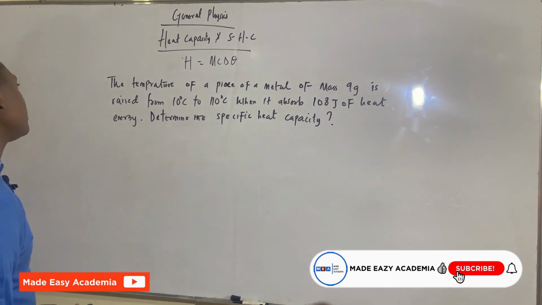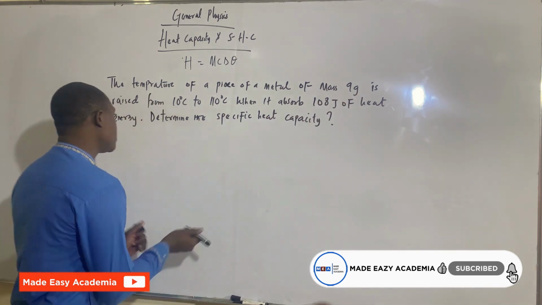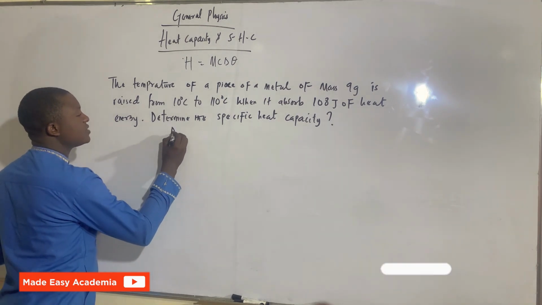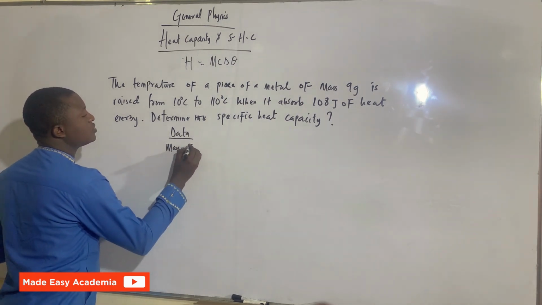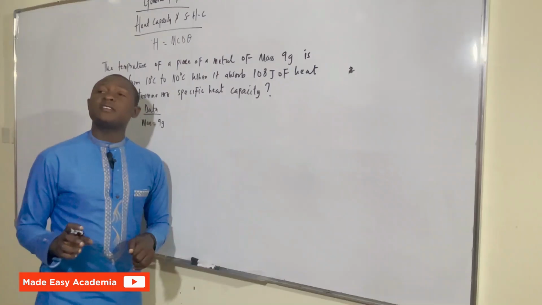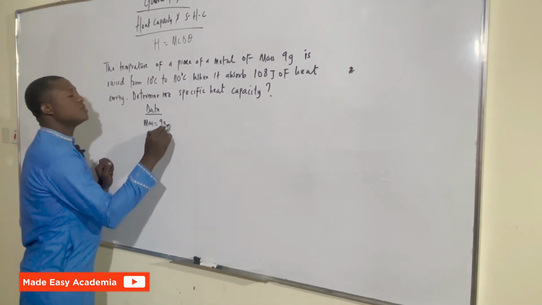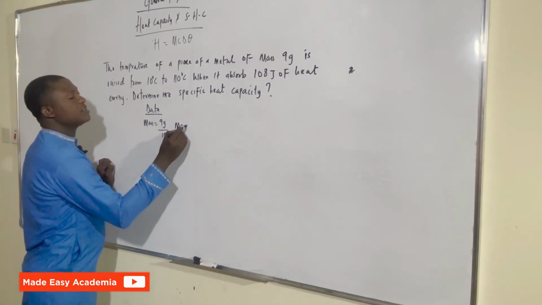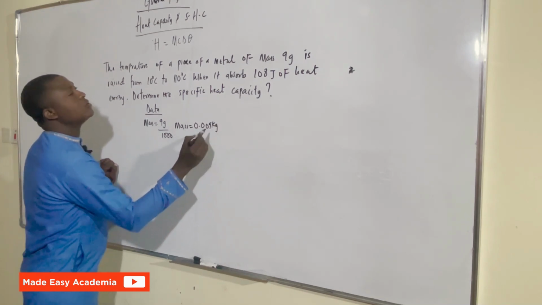Let's see how we are going to tackle that. The temperature of a piece of a metal of mass 9 gram. So let's first look at the data we are given from the problem. We are given the mass to be 9 gram. But I told you, if you are given mass in gram, you have to convert the mass to kilogram. If you divide this value by 1000, we have the mass here to be 0.009 kilogram.